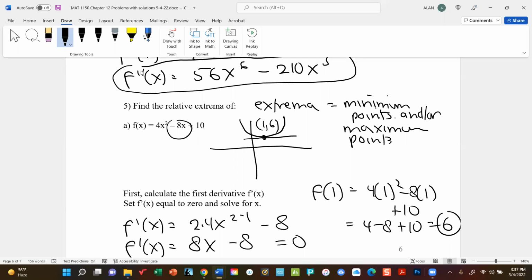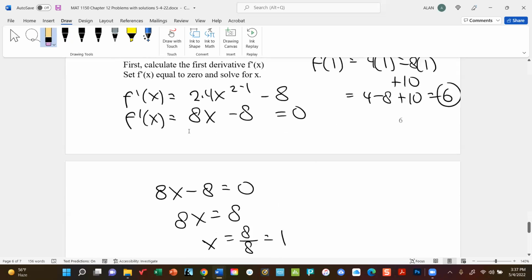When x equals 1, the function is equal to 6, and that is the minimum point. After that, the f of x is always higher than 6. So you could actually call this the relative minimum. The opposite of that would be the relative maximum, but they're both examples of what we call extrema.